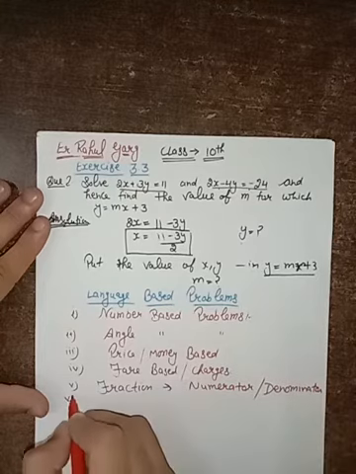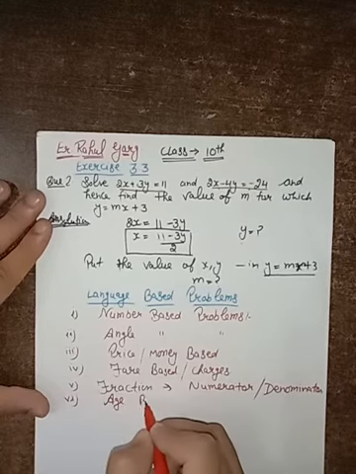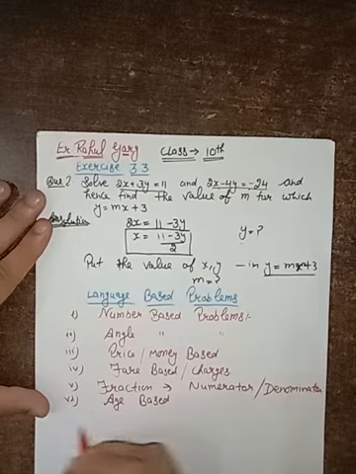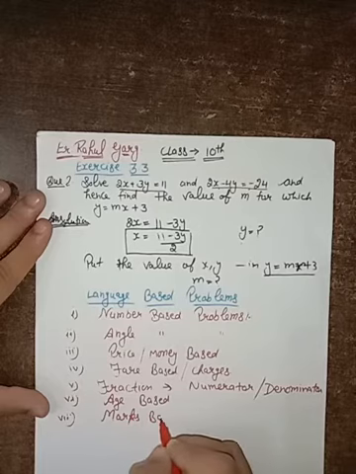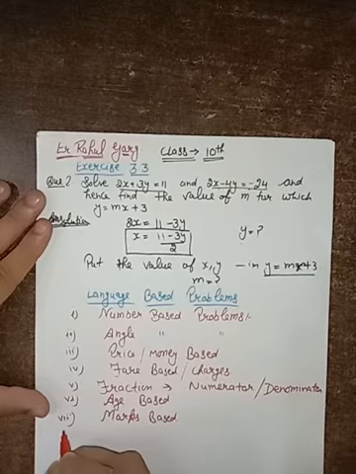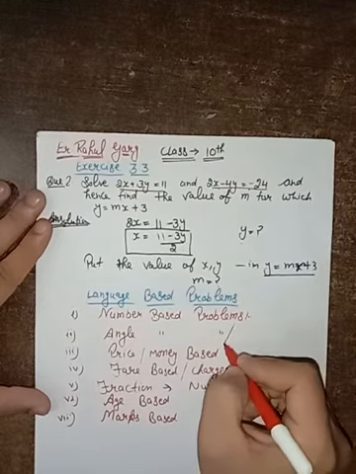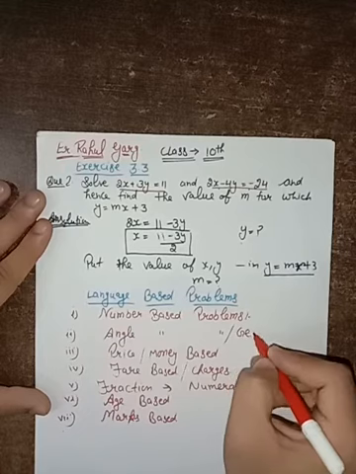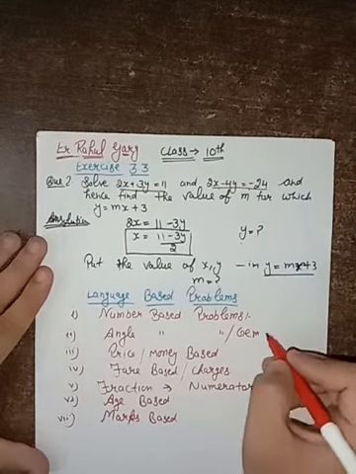And our sixth type of question is age-based. And seventh, marks-based, examination marks based, passing marks based. And geometry-based, you can include this also. Geometry, it may be triangle, rectangle.